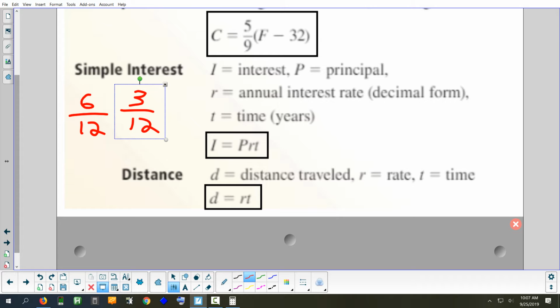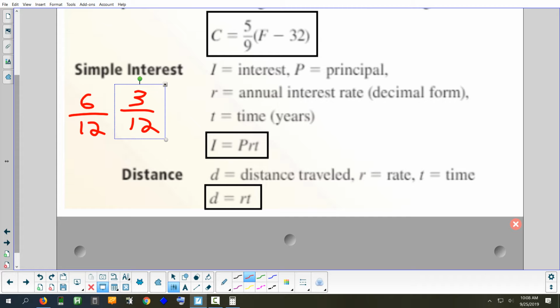Last formula is distance equals rate times time. This kind of formula you would use if you had a problem like you drove at 60 miles an hour for 2 hours. How far did you go? Or you could do something like you traveled 300 miles and it took you 6 hours.